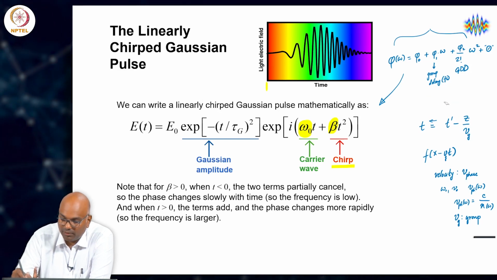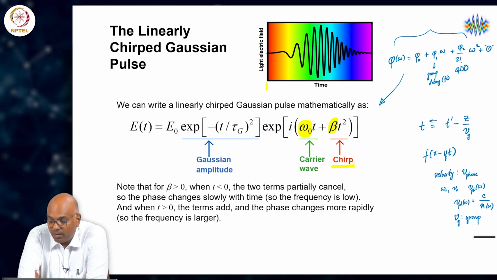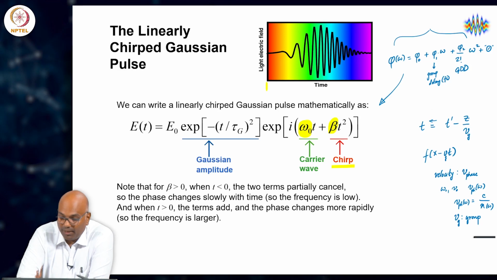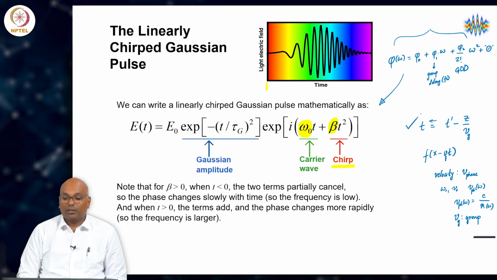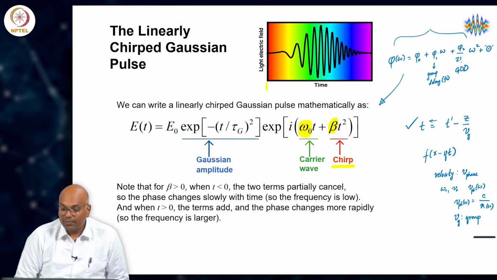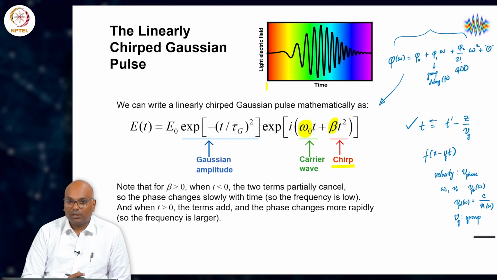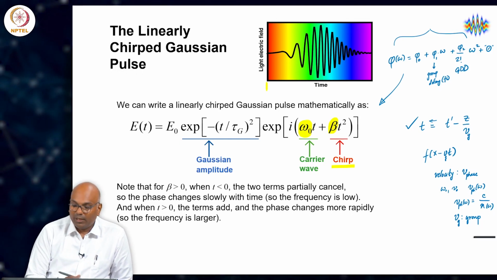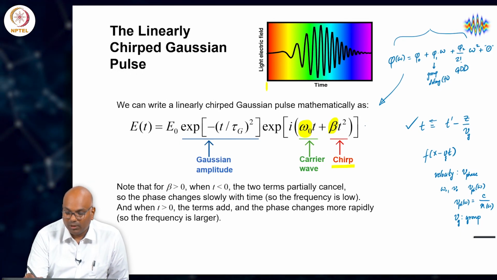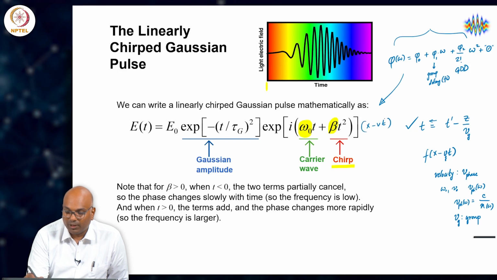It's trivial, I will not even bother writing it down. So the point is, this is correct. We are using a frame of reference which is moving with respect to the pulse, which is appropriate because there is no x minus Vt form here.